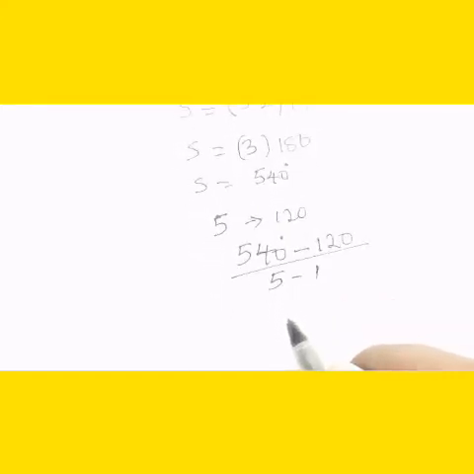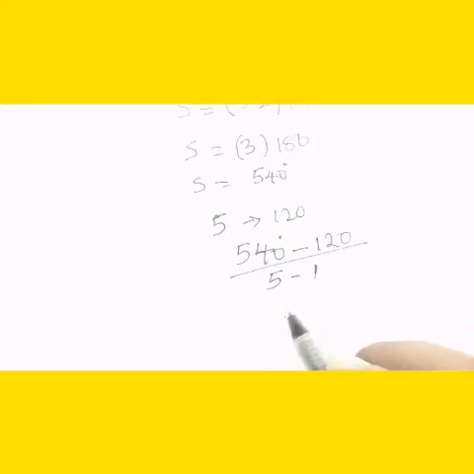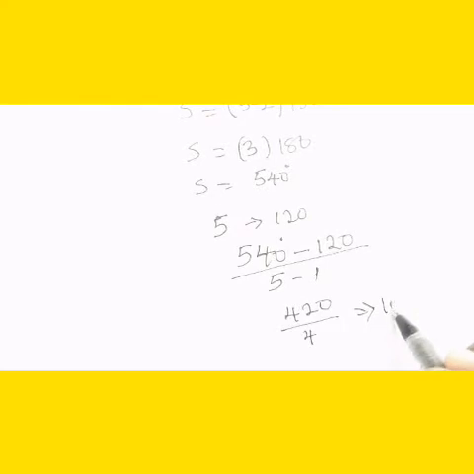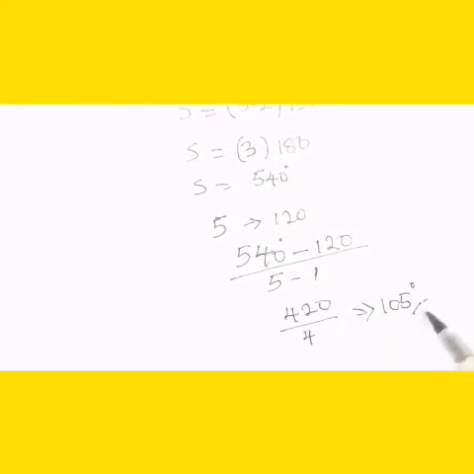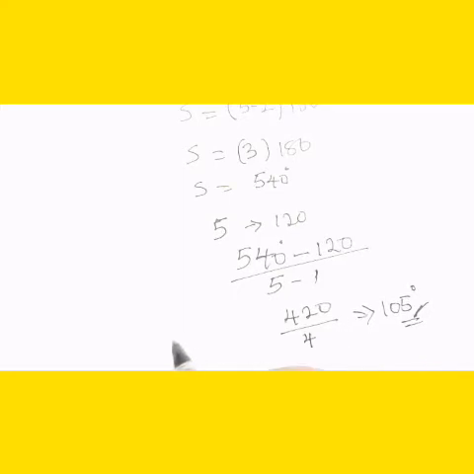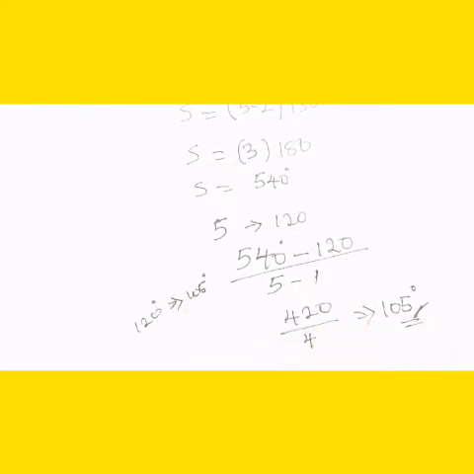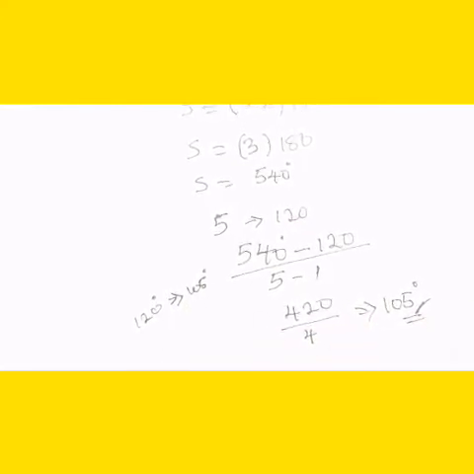That gives 420 over 4, which is equal to 105. So since the total sum of interior angles of a pentagon is 540 and one angle is 120, the other 4 are 105 degrees each.